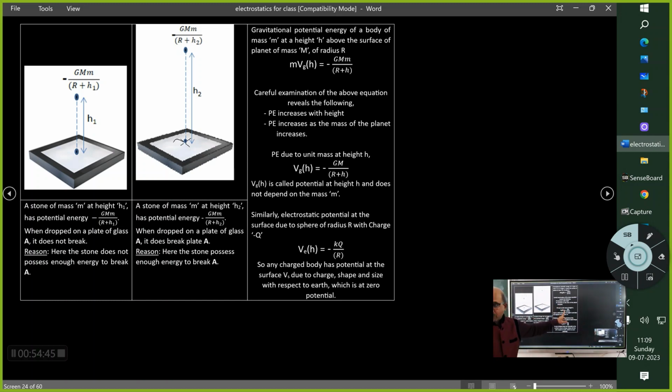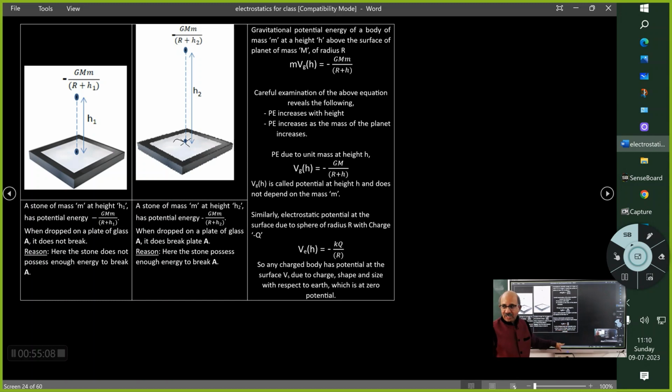Got it? Formula. Now this is with Earth. Instead of Earth, you use charge. So this is minus KQ by R. Here, instead of the universal gravitational constant G, we have K, the constant of proportionality.